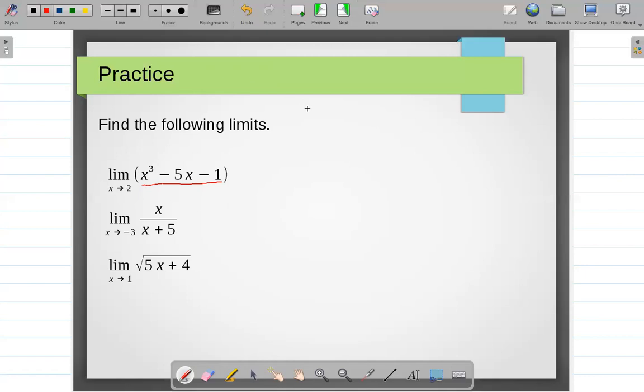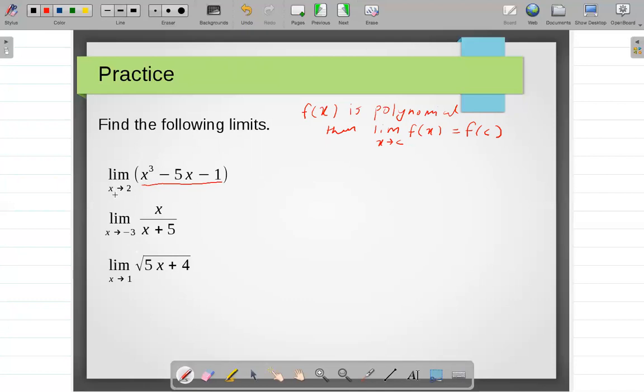If we have a function f of x that is a polynomial, then I can directly say that the limit of f of x is equal to f of c. So here, I can directly plug in this x, or this 2 value.